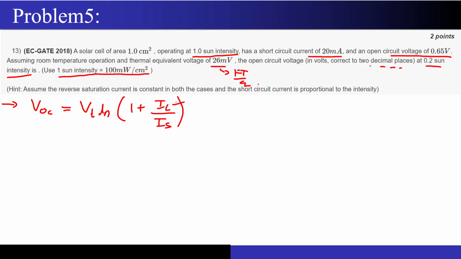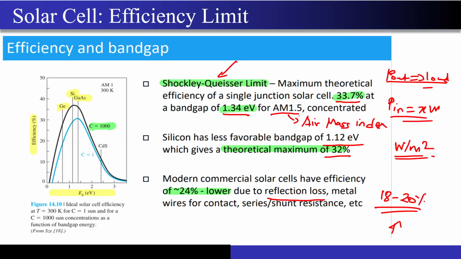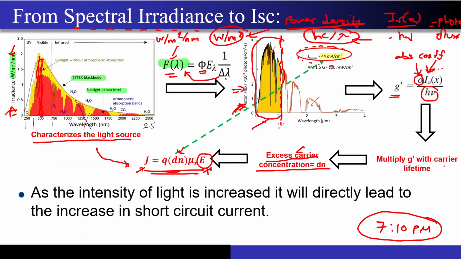right? Now what is this load current? This is nothing but your photo current. What do I mean by photo current? The current which is generated because of the light, the photons that are shining, correct? And if I look at the spectral irradiance graph that we have seen, it is telling you that if I decrease the intensity of the light, see, energy of each photon is hc by lambda, into the number of photons n, correct?